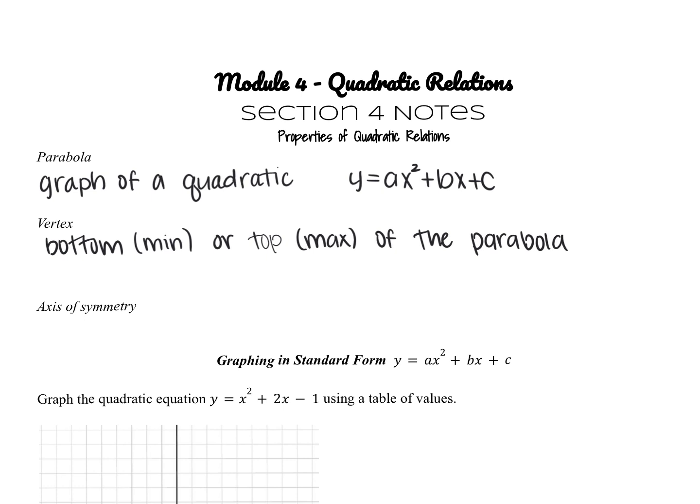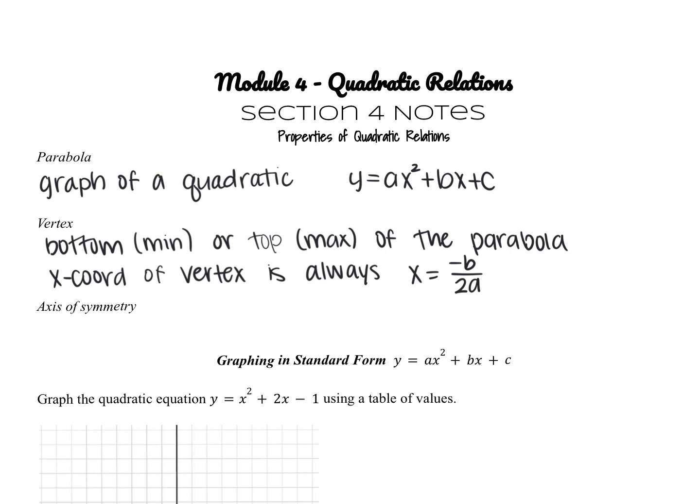And the nice thing about the vertex is that the x-coordinate of the vertex is always x equals negative b over 2a. So no matter what equation you're given for a quadratic, you don't have to graph it to find the vertex. You can find the x-coordinate using this formula and then plug that in to find the y-coordinate.